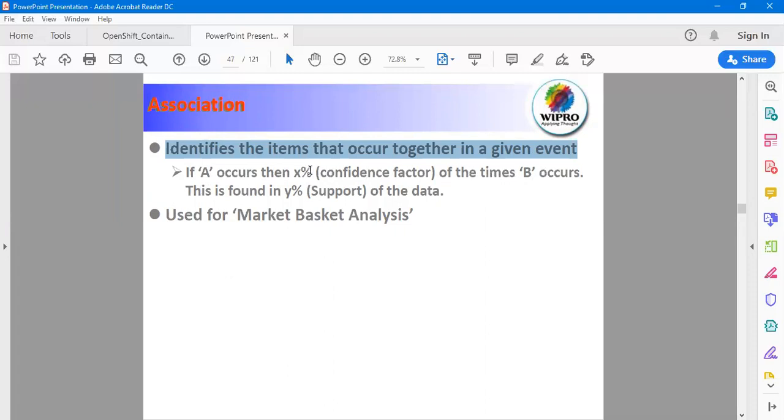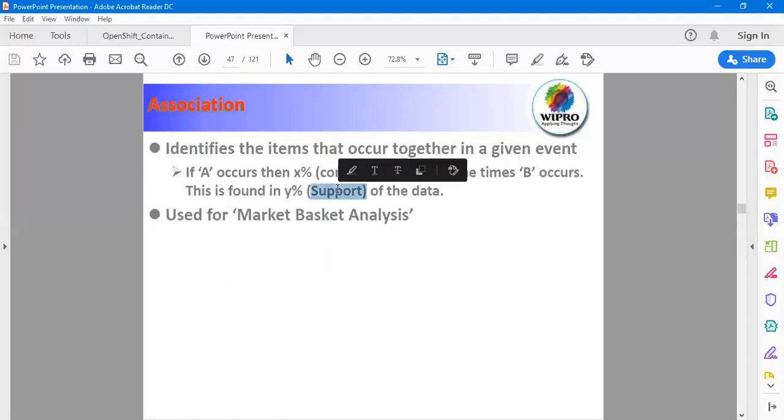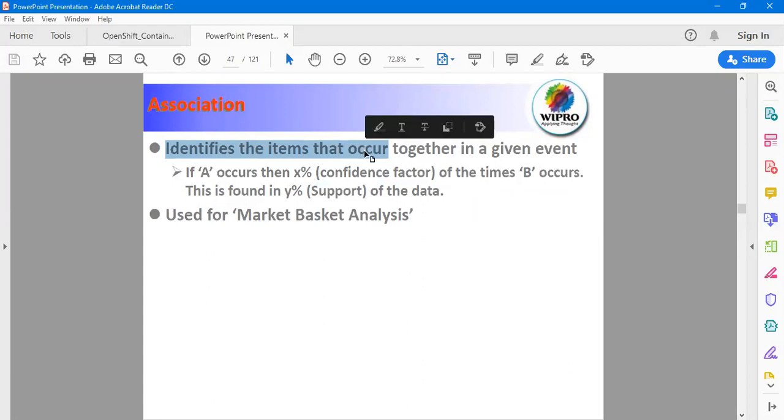That X% is nothing but the confidence factor, right? So you can design this algorithm in terms of confidence factor and support, feed that algorithm into your machine learning network, and try to identify the patterns of the data items which are bound together.